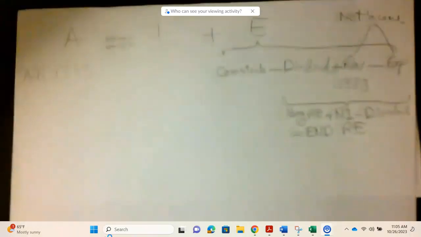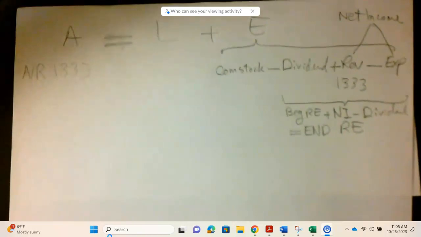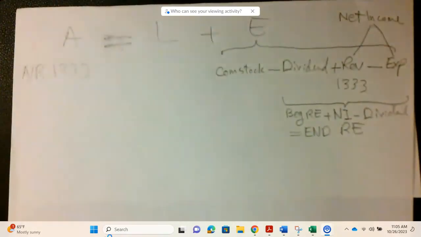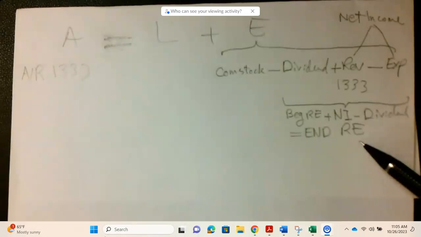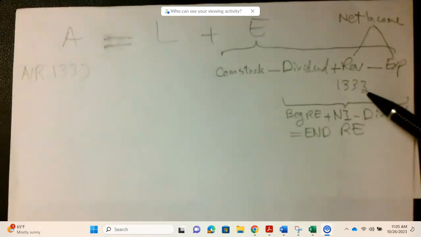So what does it mean? That means if your revenue is recognized, your net income will be higher. If the net income is higher, then your end retained earning will be higher too. So because 1333 will be higher here, net income will be higher.